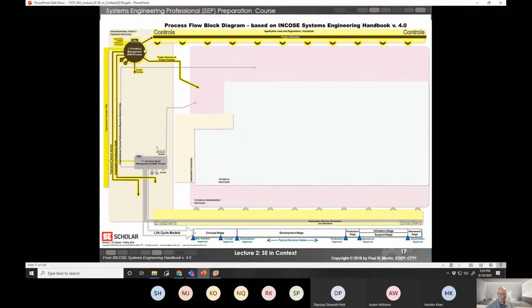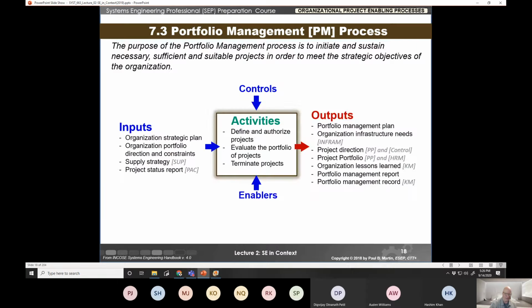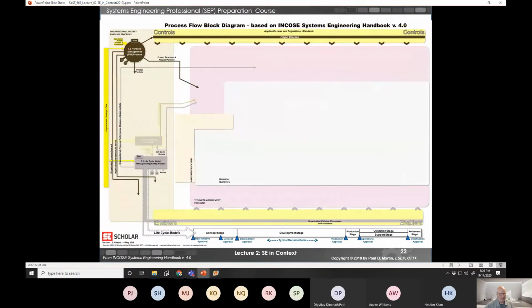On top of that, you have your portfolio management process. That's basically putting all the processes together, all the projects together. Think of a portfolio: an organization is one organization, but it has multiple projects that you would work. So this is just to establish your portfolio and manage all the projects you would have in place.